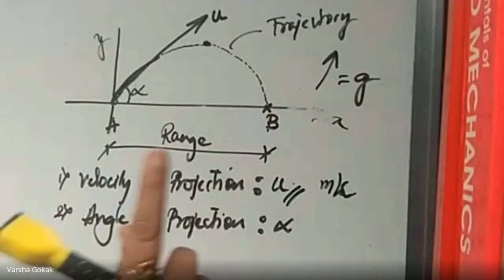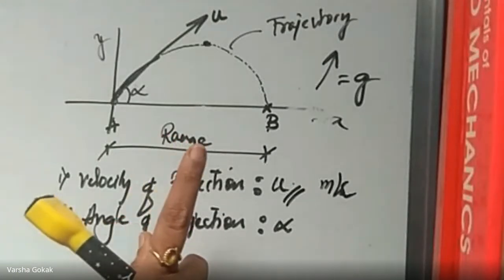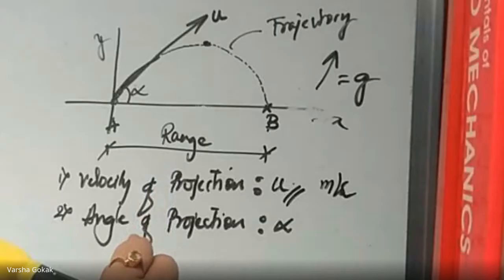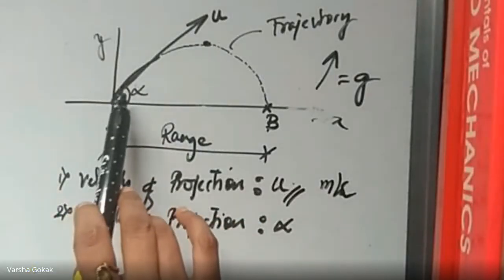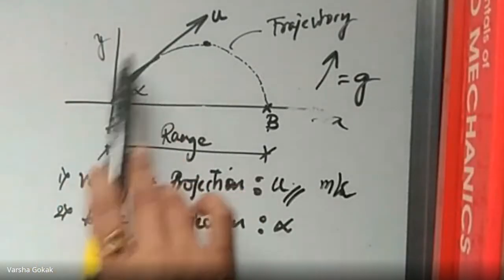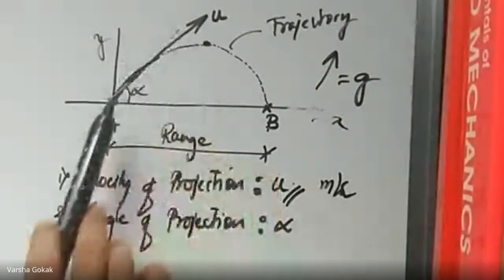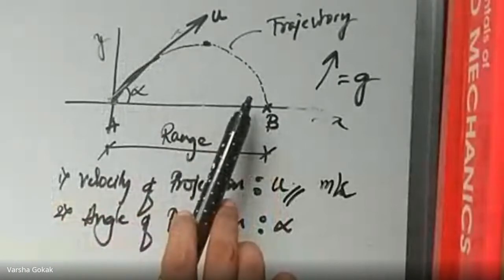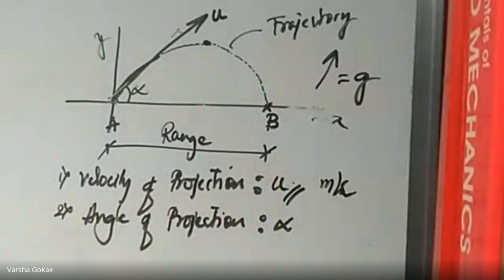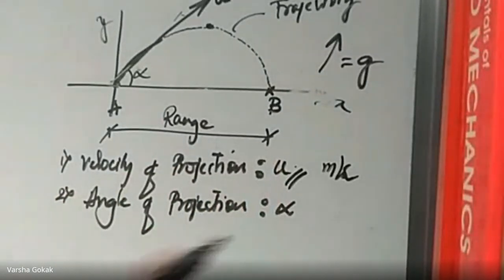Correct, Sonali. And I think Shifa also was telling the same. Yes, ma'am. Both of you are right. So the angle between the direction of projection, it is moving like this, right? So the angle between the direction of projection and the horizontal, always with respect to horizontal, is called the angle of projection, that is alpha, right?